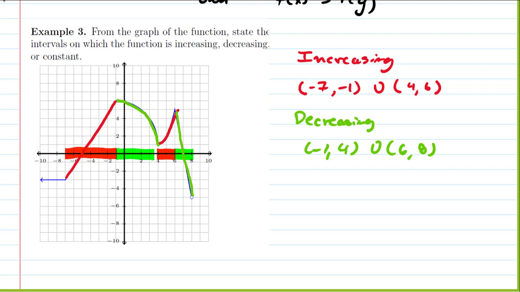And then our last part is constant, and that's going to be right here. That's when the graph neither moves up or down. And on this graph, that's going to be from -∞ to -7.